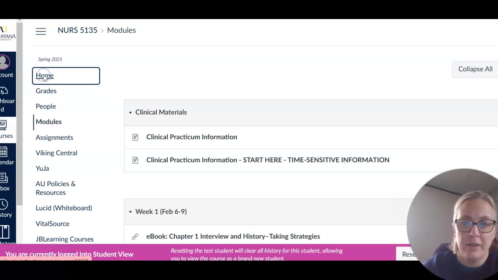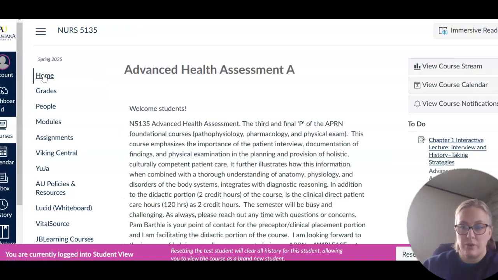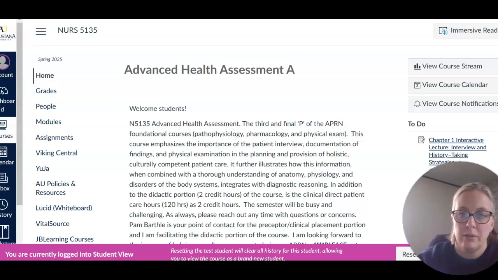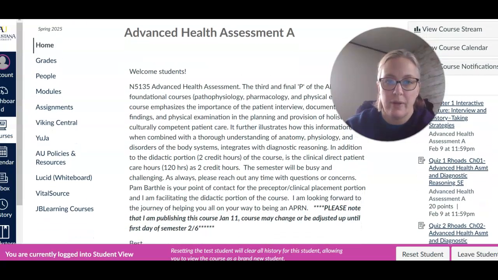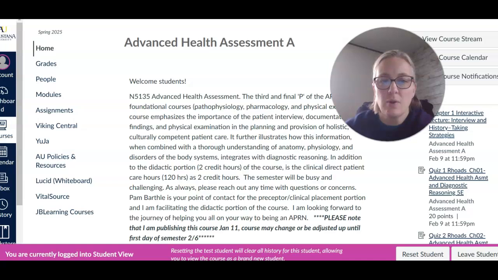What I want to explain then is the final kind of introduction to the course, not just going through the calendar and all of that with you guys, okay? As this says in my welcome, I'm going to talk about this a little bit. So this course emphasizes the importance of the patient interview, documentation of findings, and the physical examination in the planning and provision of holistic, culturally competent patient care.